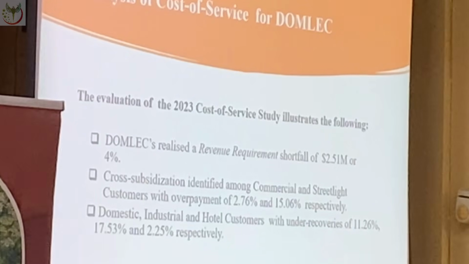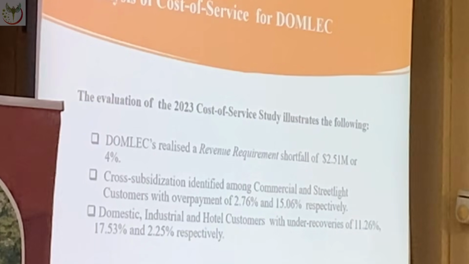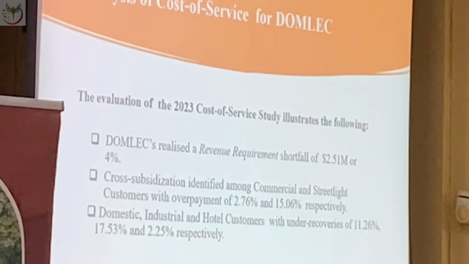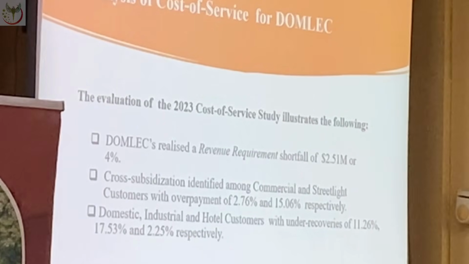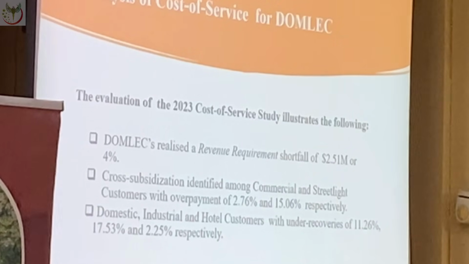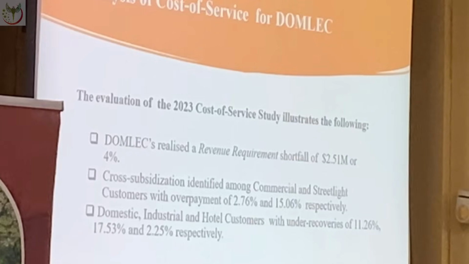Now, this is the difference between the cost of service data, 63 million, and the 63 million is the test year, and 65 million is the cost of service. It shows that DOMLEC is in need of a 4% increase in order to meet its revenue requirements. And it shows us per customer category.